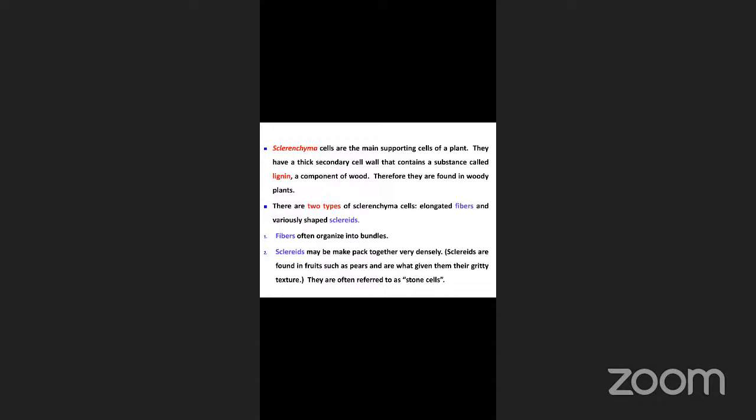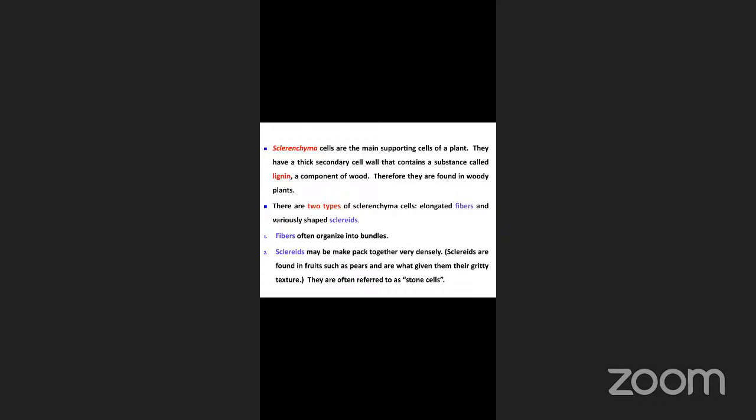Fiber classification: xylary and extraxylary. Xylary fibers are of two types: libriform fibers and fiber tracheids.